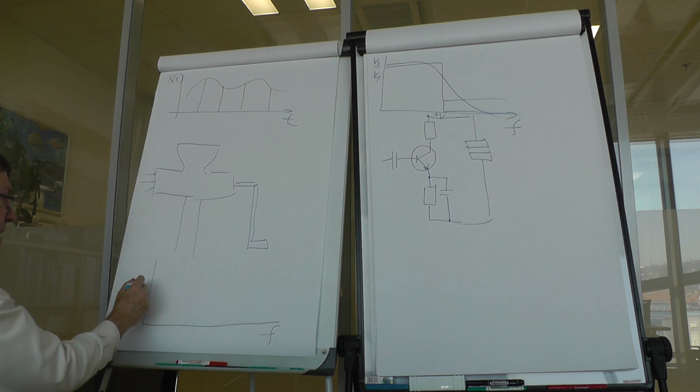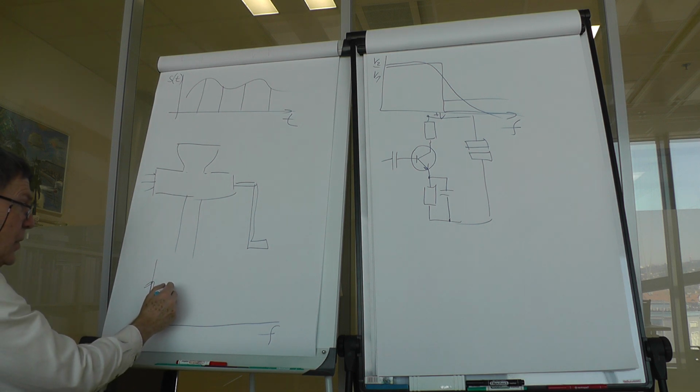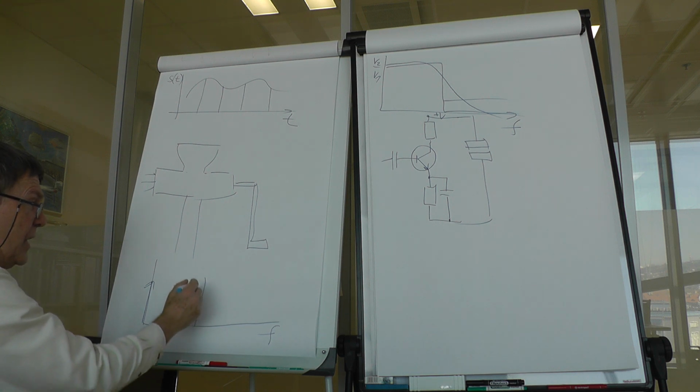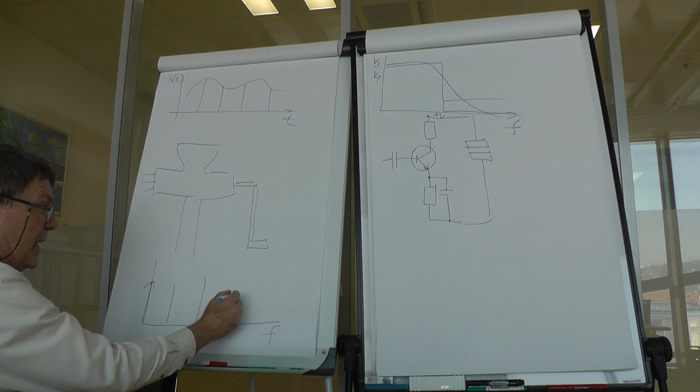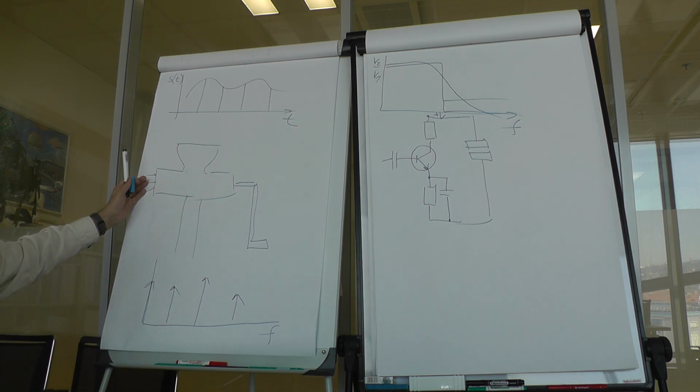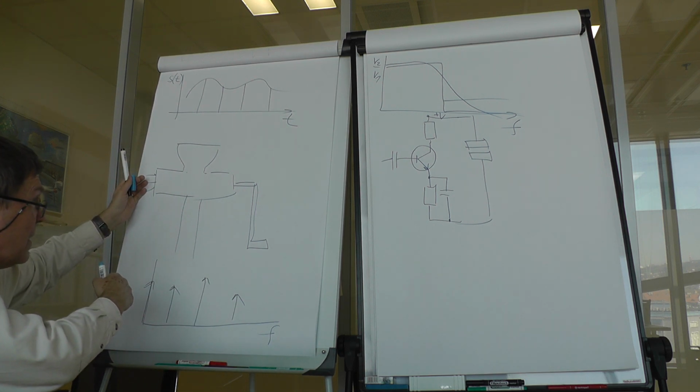So we have a DC component, then we have magnitudes of the first harmonic, second harmonic, third harmonic. This is the real part of that minced meat that got out of the machine.